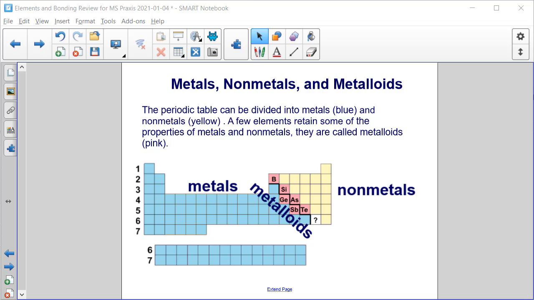And there are a few elements that have properties of both metals and nonmetals. We find them on the border separating metals from nonmetals along this stair step that you see here in bold. And here in pink, we see those elements. They're called metalloids or sometimes semimetals.